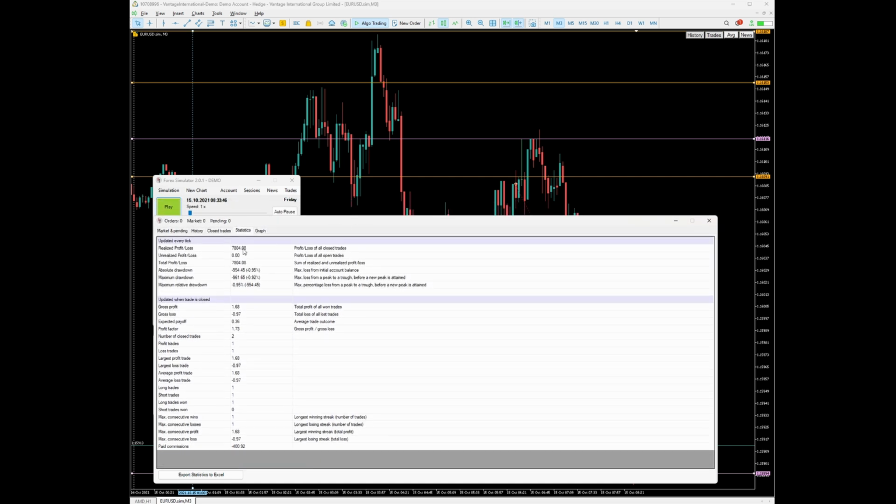So, statistically, what do we have? 7804, unrealized profit, nothing. It's all closed. Absolute drawdown, almost 1%. Almost. Gross profit and profit factor are not calculated properly because for it to have more data, it needs for us to have a loss, and we don't have any loss until now.